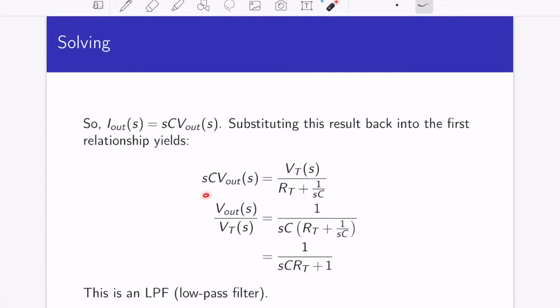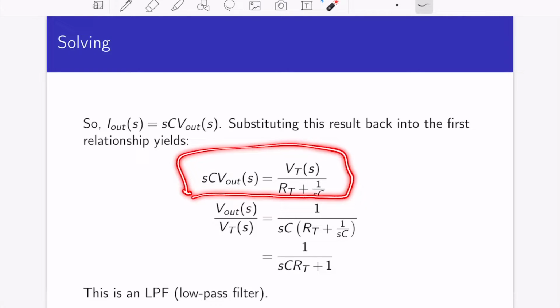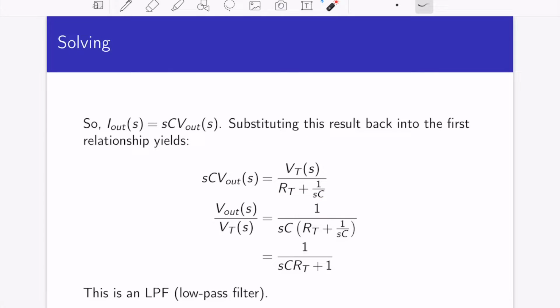And when we do that, I out of S is SC V out of S, and the right side remained the same, so we can now find the ratio of V out over V T, and we end up with 1 over SC times the quantity R T plus 1 over SC.